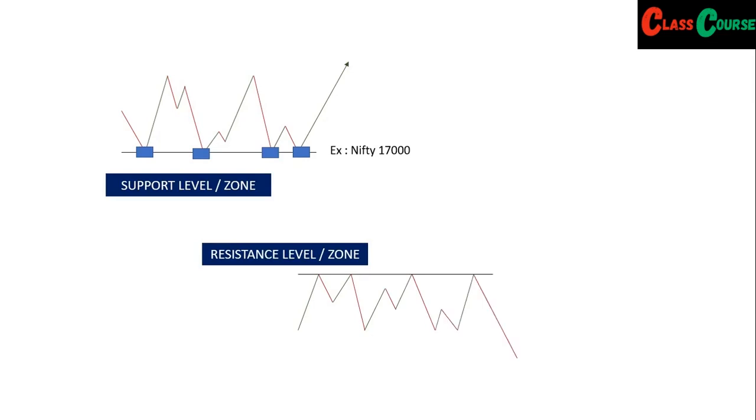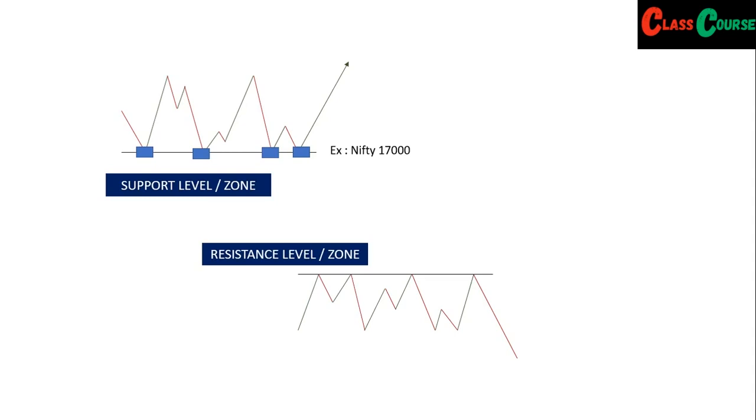It happens again and again, and the resistance becomes very strong, due to which people take a reversal trade based on the resistance. Some people wait for the breakout of the resistance. So everyone thinks in their own psychology. Keeping psychology aside, let us understand each and everything: what is the support zone, what is the resistance zone, what are the indicators, what are the chart patterns.